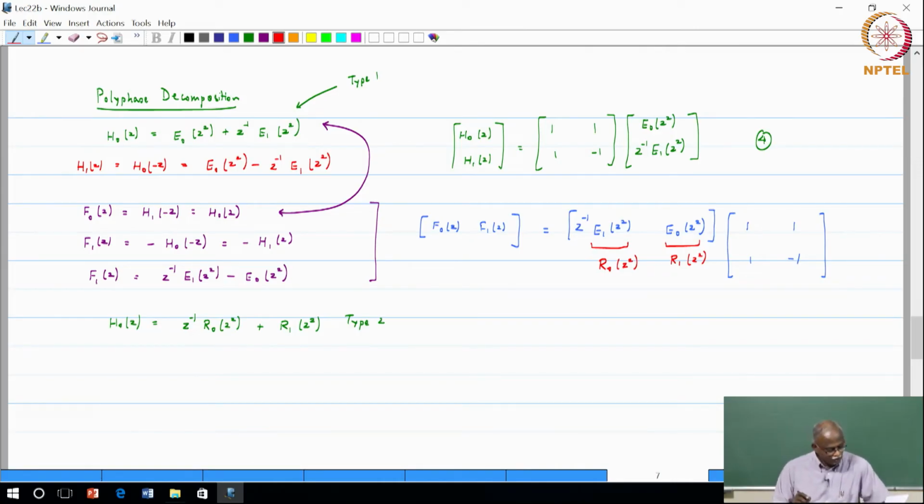Okay. So, now the key element for us is to use this in interpretation. So, what I would like to do is redraw the figure for you.